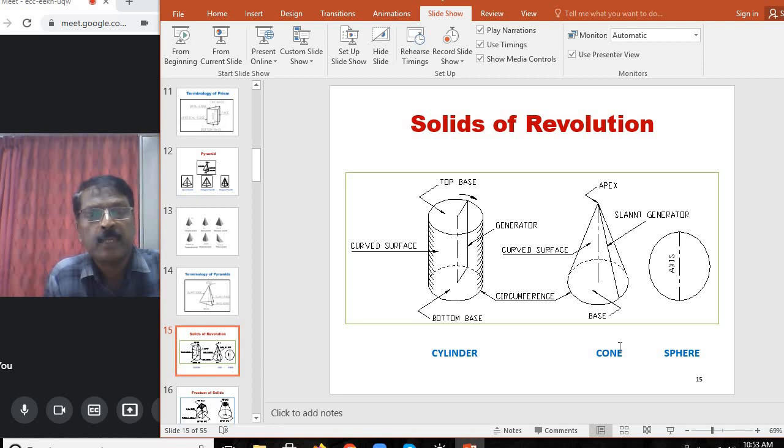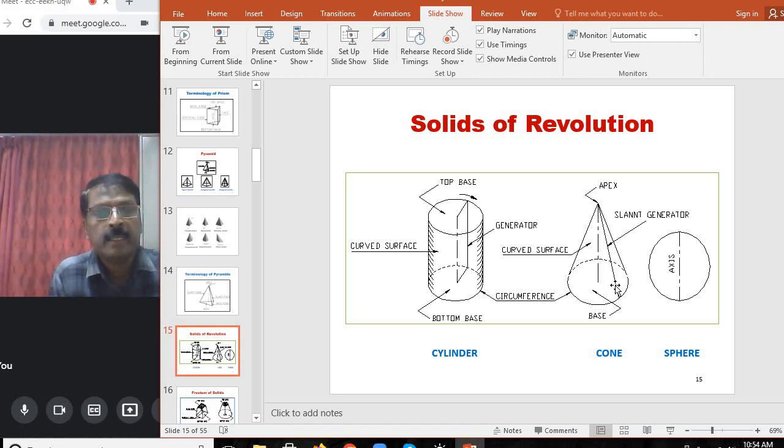And when you consider the cone, it consists of a circular base and one vertex or apex. The lines connecting the apex and base circle are called generators, and the bottom circle is base, upper corner is called apex, and the imaginary line connecting the base center and apex is called axis.